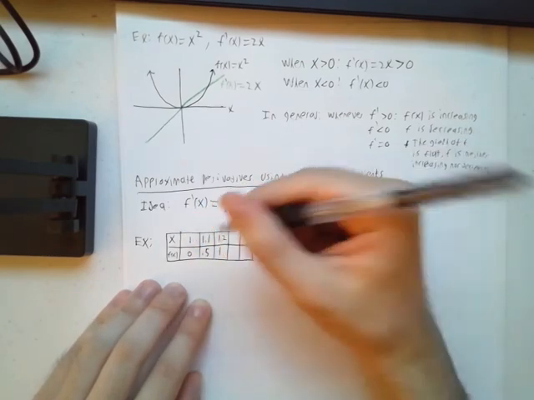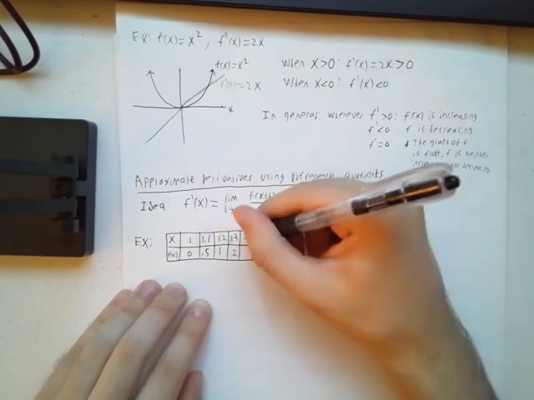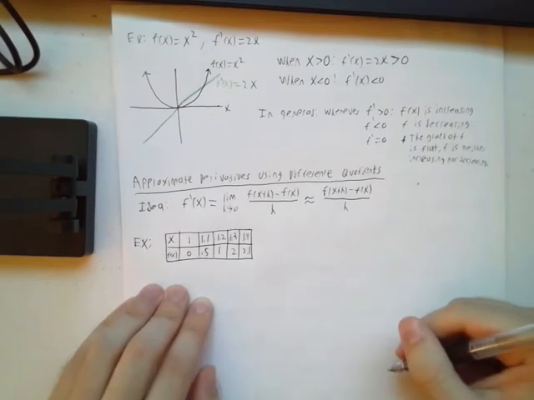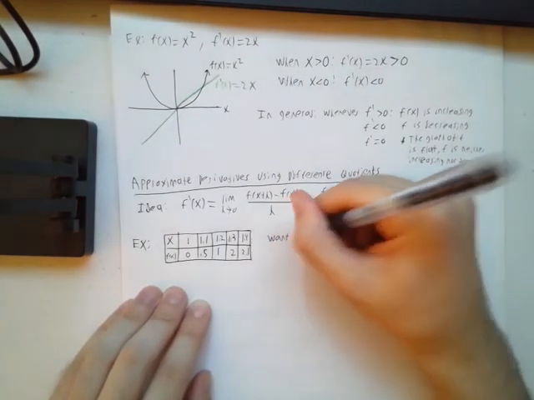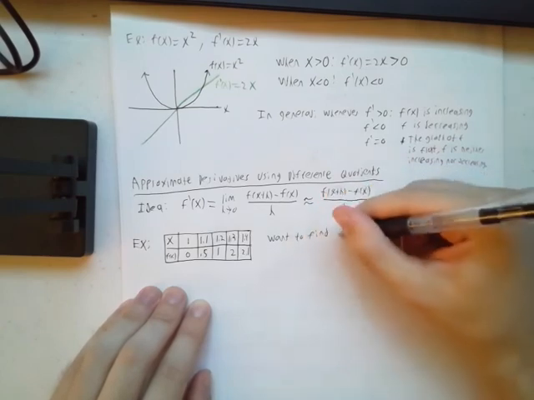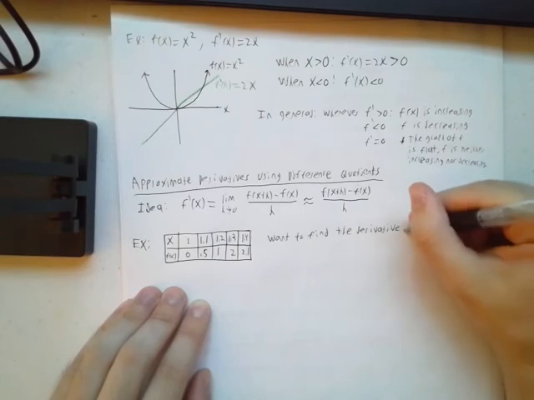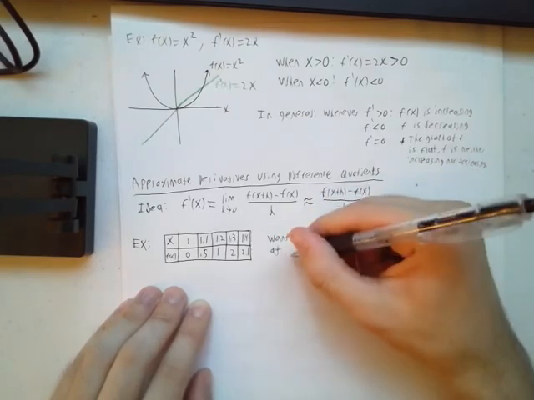Let's say 2, 2.1. Okay, and let's suppose we want to find the derivative at x equals 1.3.